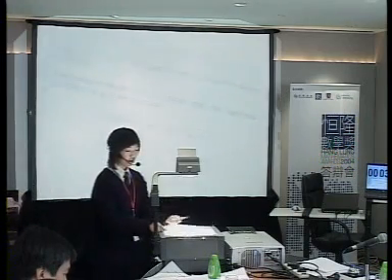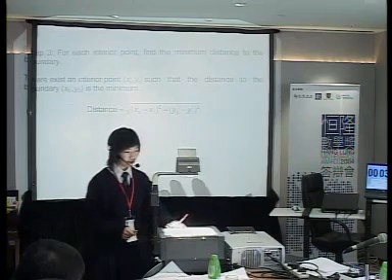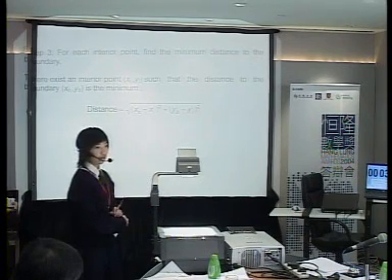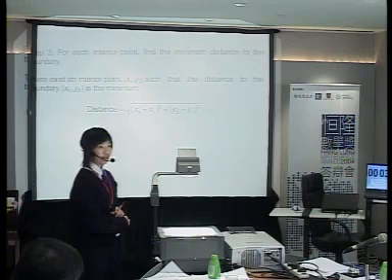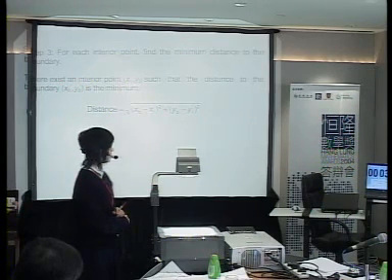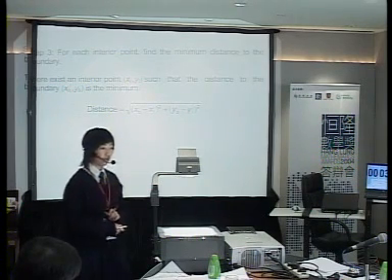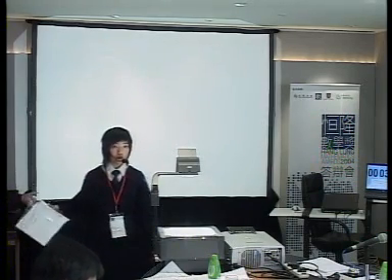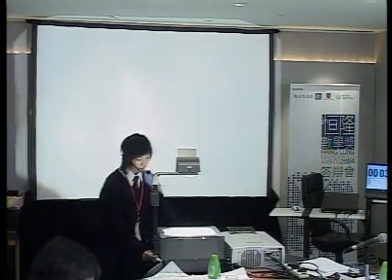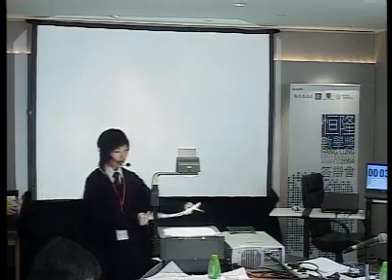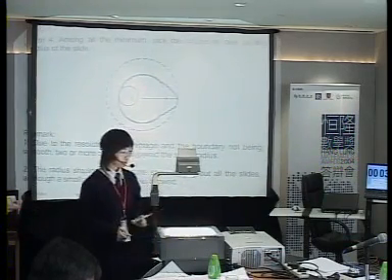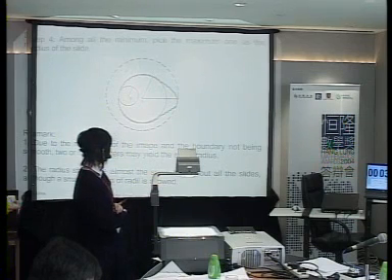For each interior point, we find the minimum distance to the boundary. We use this formula. XB and YB indicate boundary points, and XI and YI indicate interior points. And among all the minimum distances, we choose the maximum as the radius of the slice. Let's see this example.